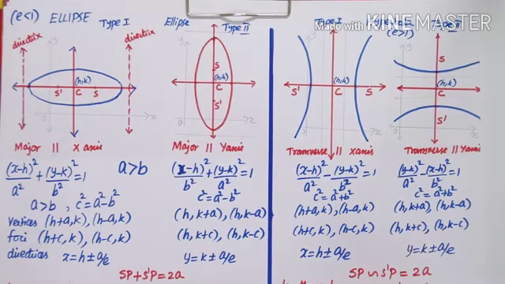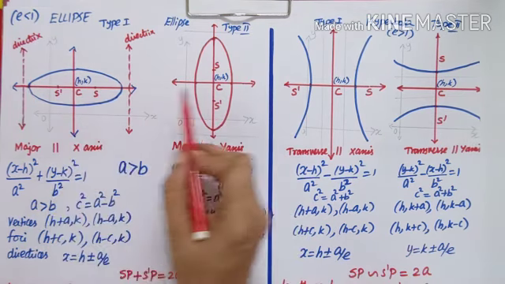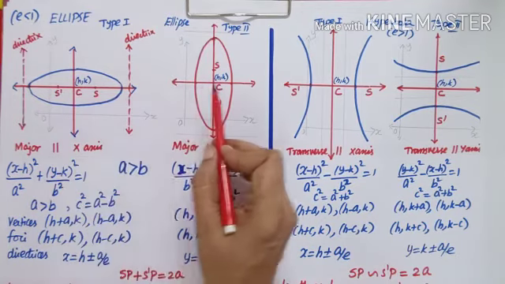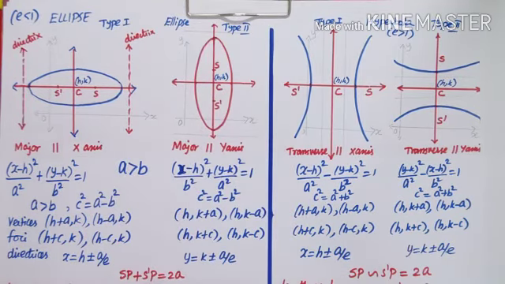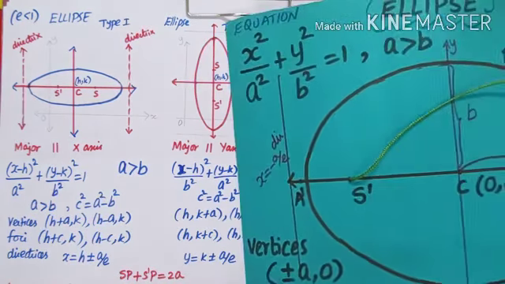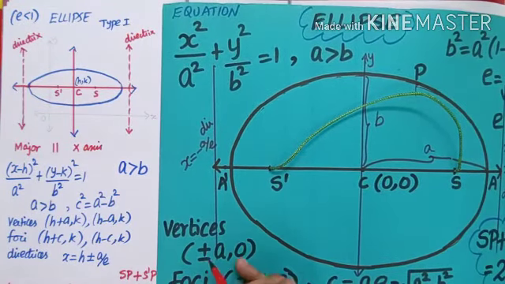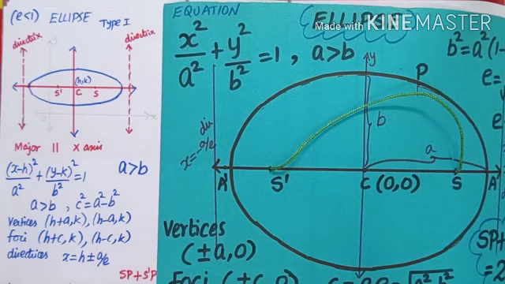We see the two types of ellipse, first type and second type. In both cases, h comma k is the center. So how to write it, using our standard pattern? In the first case, we said vertices plus or minus a comma 0.